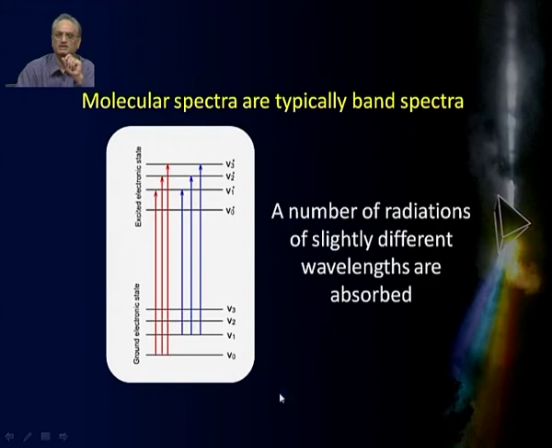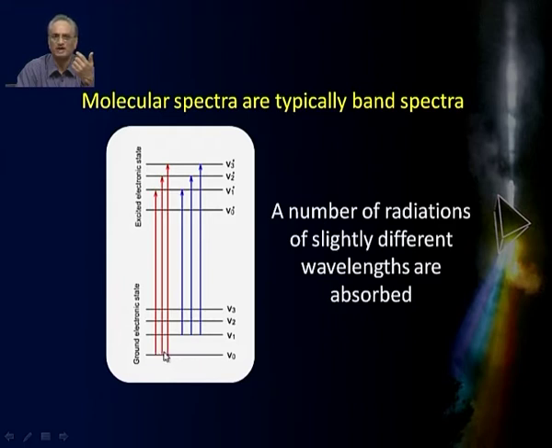Now, we just made a statement here that molecular spectra are typically band spectra. Let us look at the reason for that. What you see is very symbolic. This is the ground electronic state here, this is the excited state here. In the case of absorption, we start from the electronic ground state, and you can have a transition from the V is equal to 0 level.